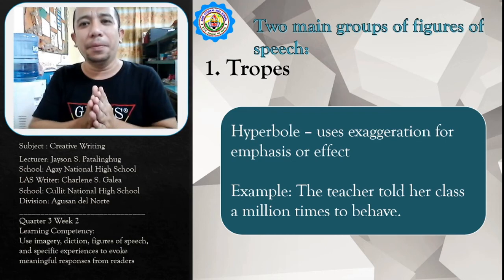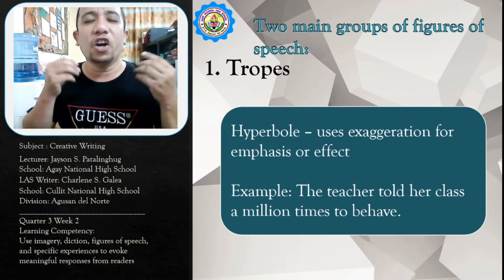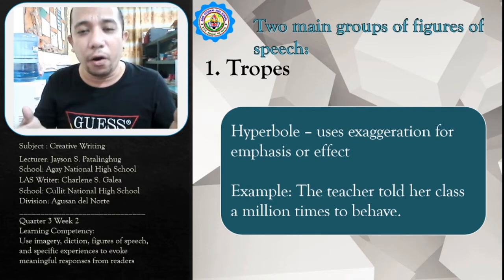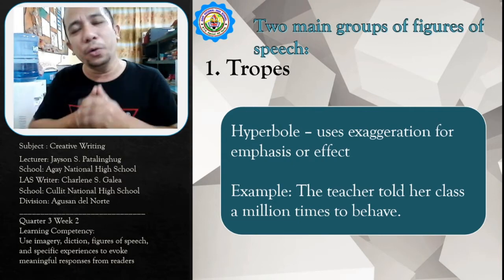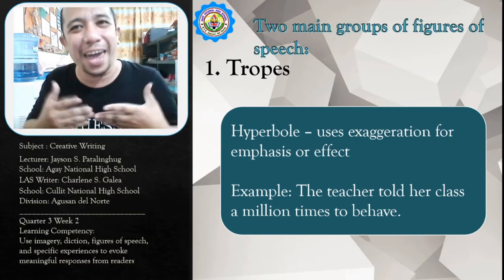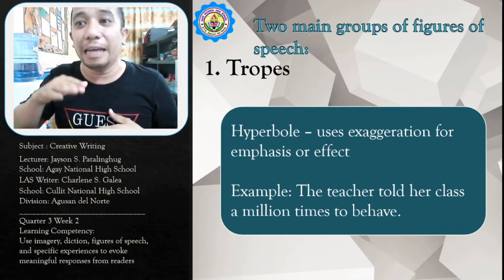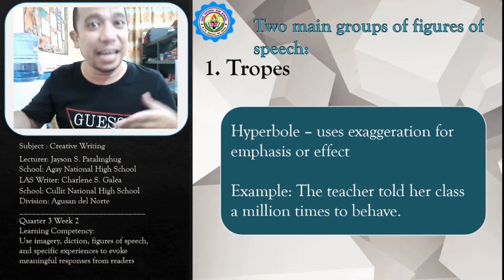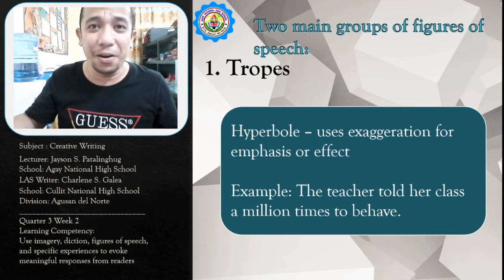Another example that I can give you is: I cried a river when he was gone. When you say I cried a river, imagine rivers of tears. That's an exaggeration. You cannot literally cry a river.